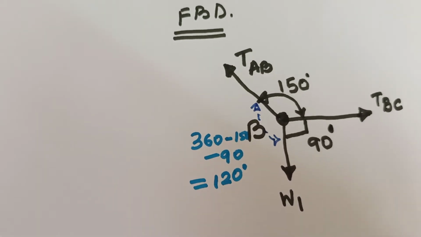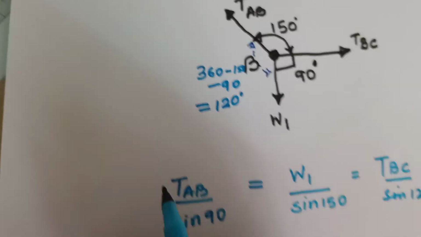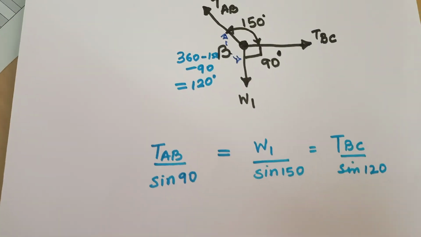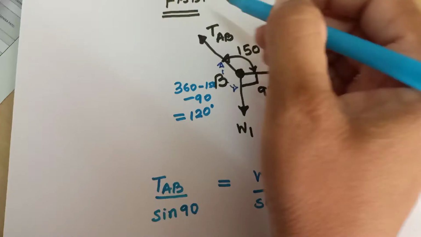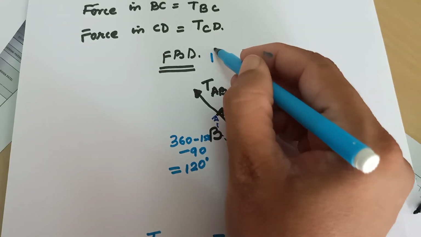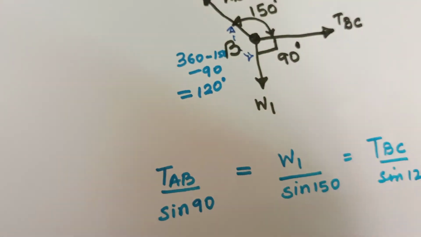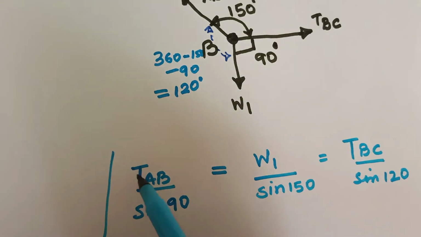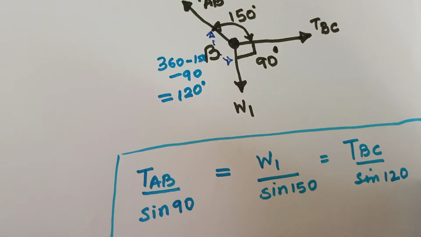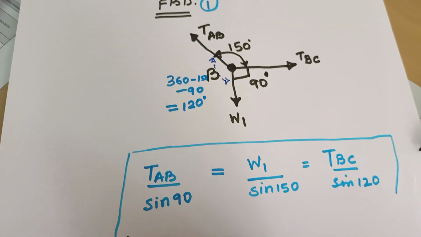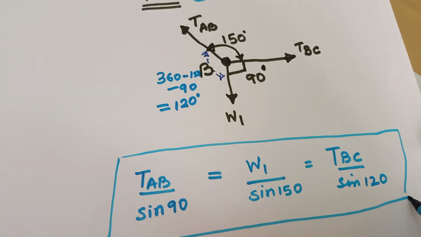So this is our first equation of Lami's for free body diagram 1, obtained by using Lami's theorem.